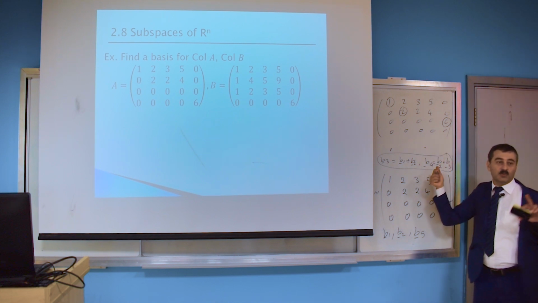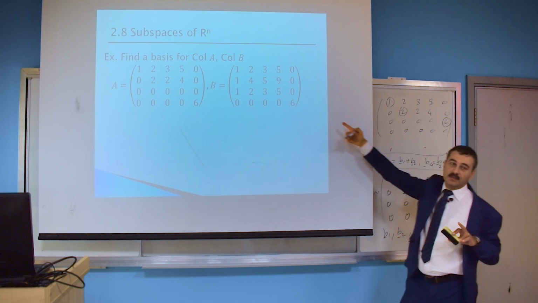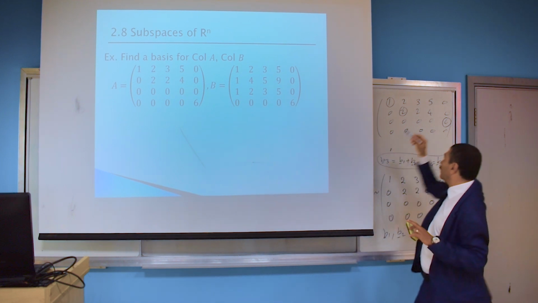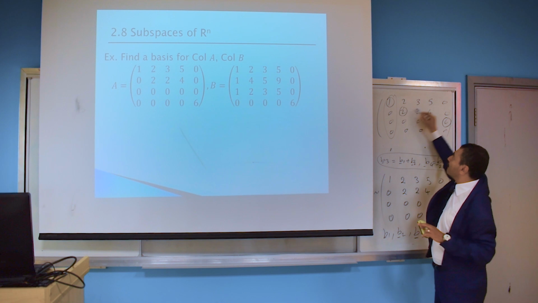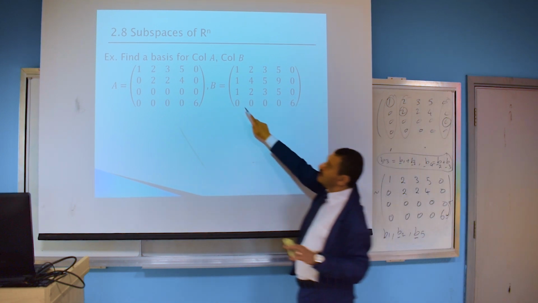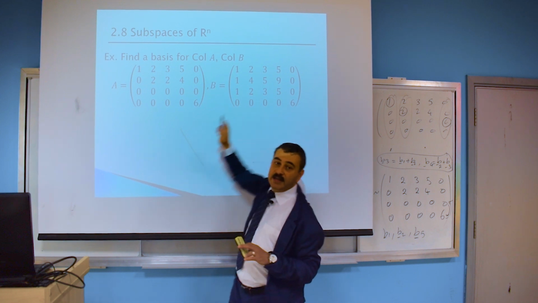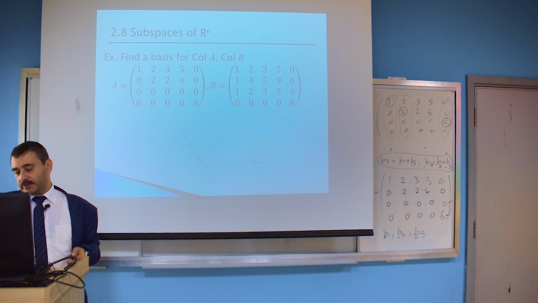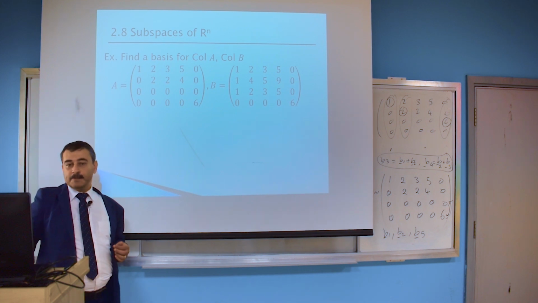And then take 1 and 2 and 5 from the original matrix, not from the reduced one. Don't take these guys. I'll take B1 and B2 and B5 as basis for the column space. This is very important. Okay?